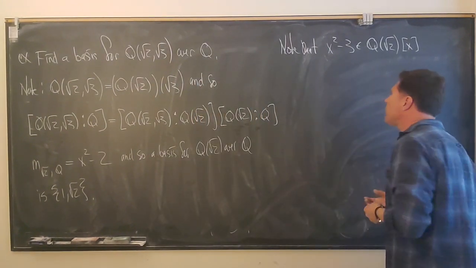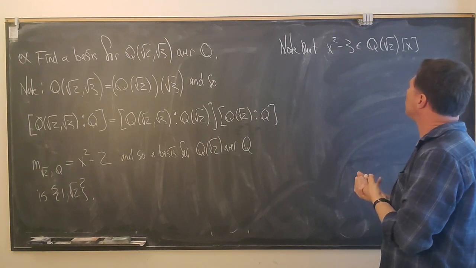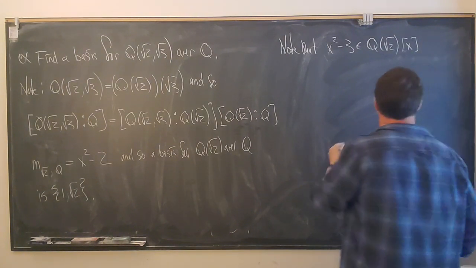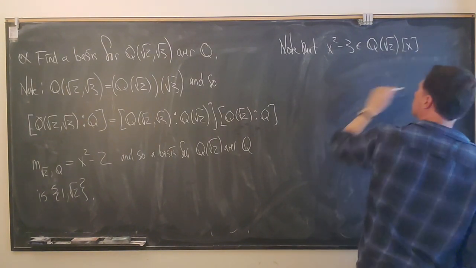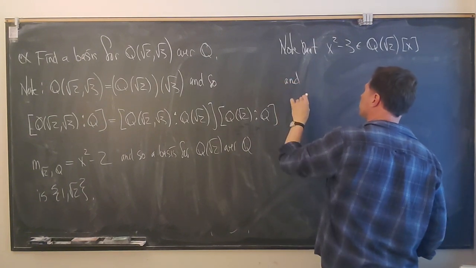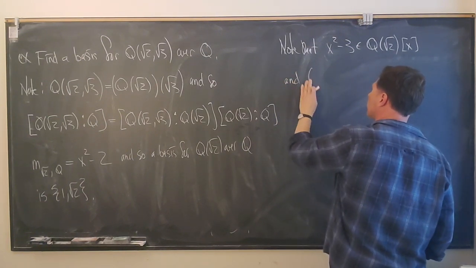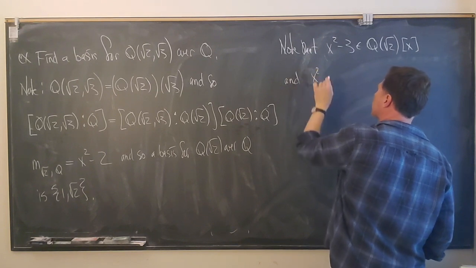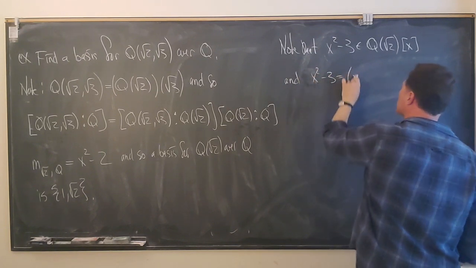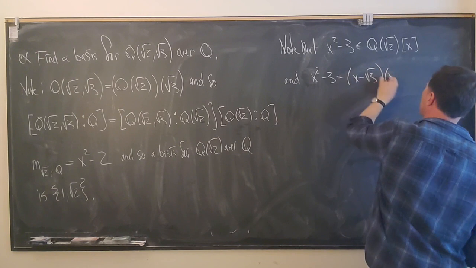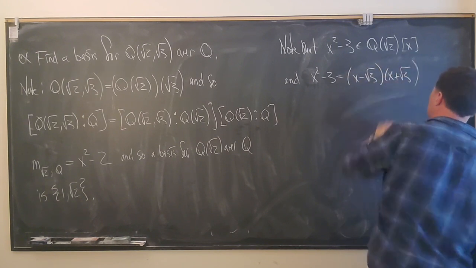And so to rule that out, what we need to do is show, well, let me write this now. We know how to factor x squared minus 3. It's x minus root 3 times x plus root 3.